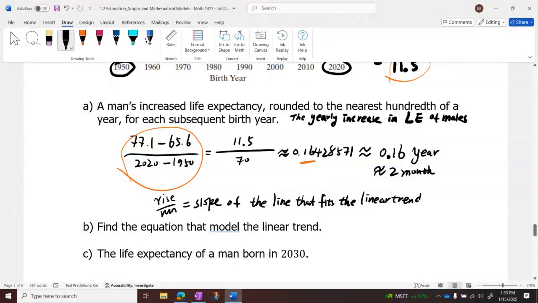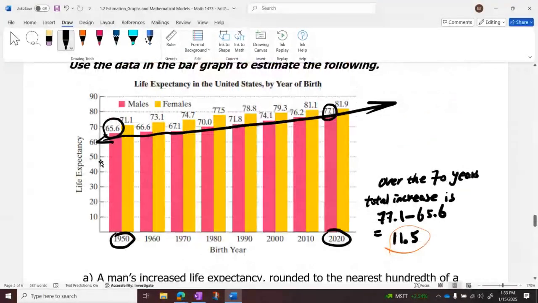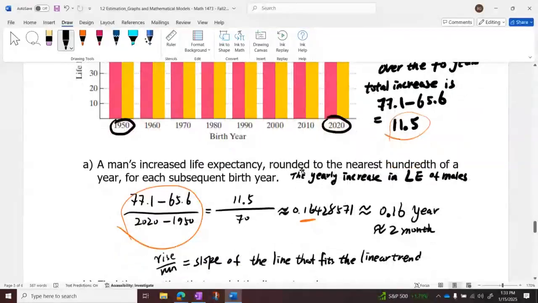Okay, to make it simple for us to find the answer for part A: if it's to find the yearly change in variable y, you just need to use the number on top of the tallest bar minus the number on top of the lowest bar, and use that difference to divide by the number of years, and that's it.